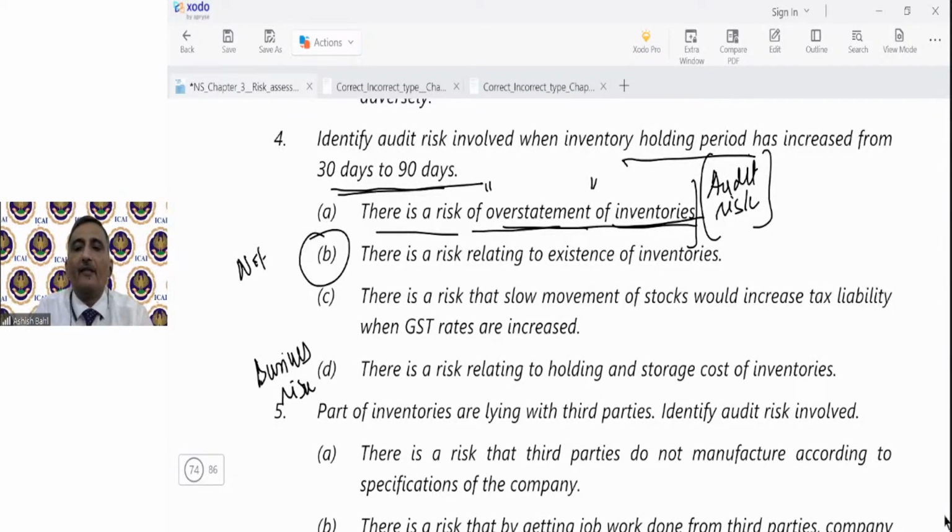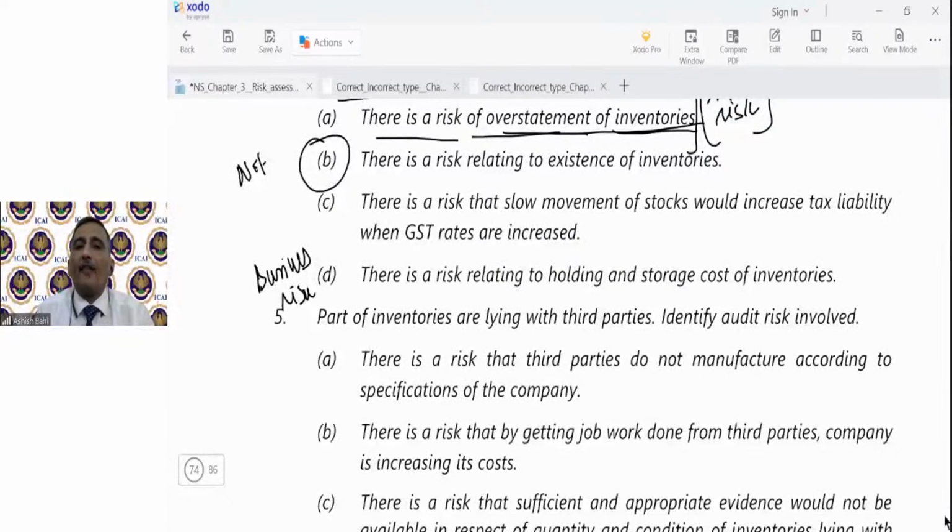Okay. Number 5, parts of inventories are lying with third parties. Identify audit risk involved. कुछ इन्वेंट्रीज जो है थर्ड पार्टीज के पास हैं, क्योंकि जॉब वर्क के लिए कंपनी जॉब वर्क काम करवाती है। So obviously when you send goods for job work, these would be lying with the job workers, although these are inventories of the company, but these would be lying with job workers, not in the premises of company.